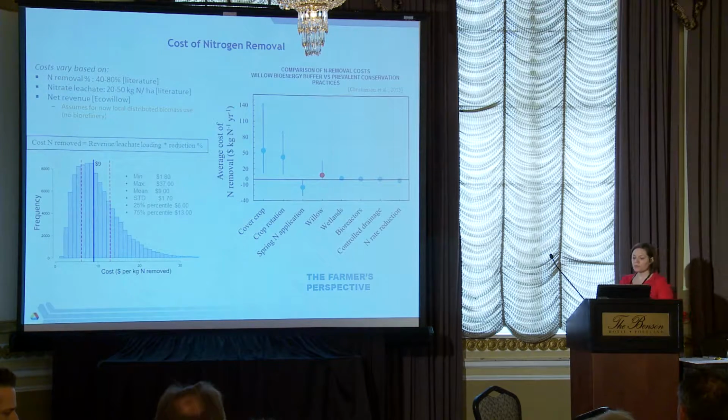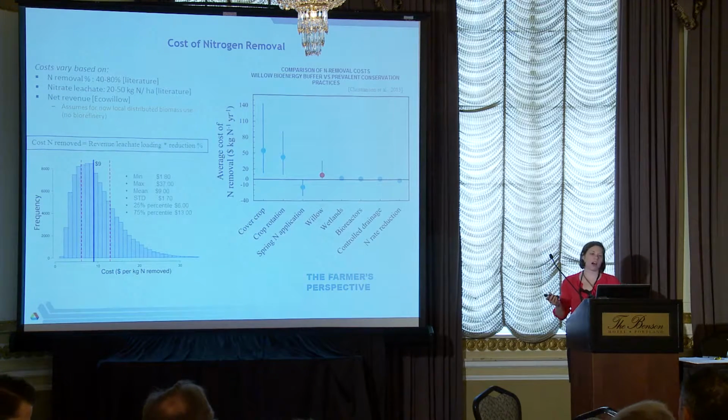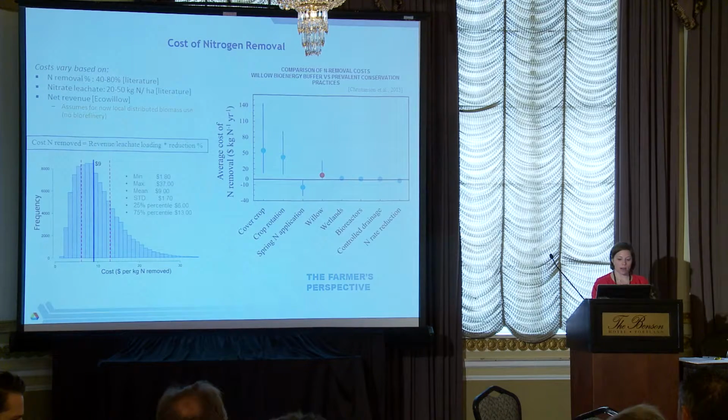And so from this analysis, we can begin to think, in this case, we're only talking about nitrogen reduction, but how do they stack up against these other potential conservation practices that we can have?